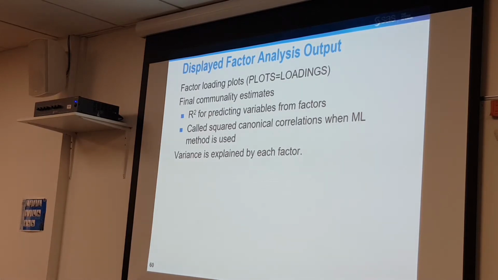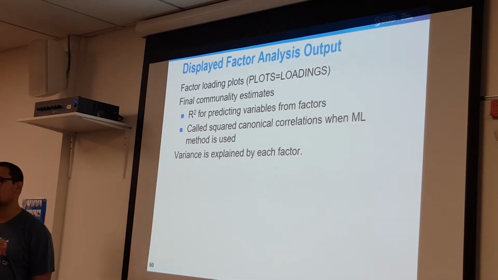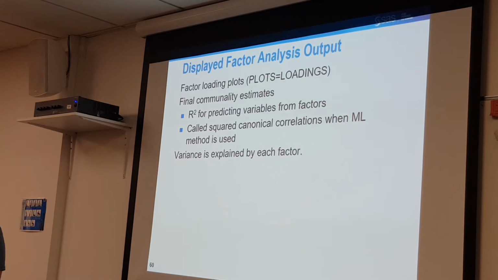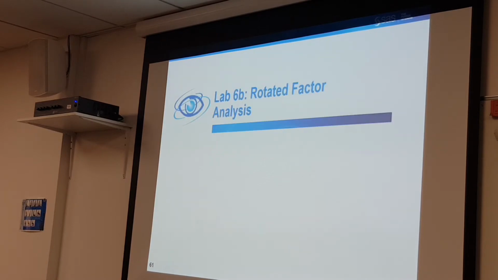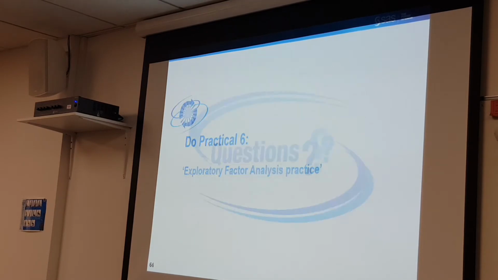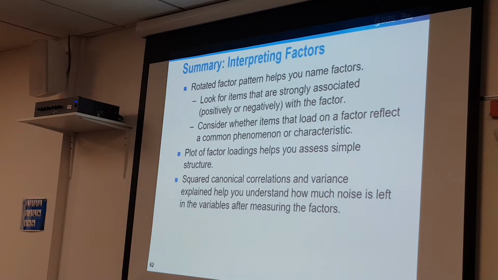The final communality estimates are called squared canonical correlations, if we're going to use the maximum likelihood method. They basically are the amount of variation that's explained by each factor. Is there much more? That's about it. So let's just summarize, and then I'll be done with the block.